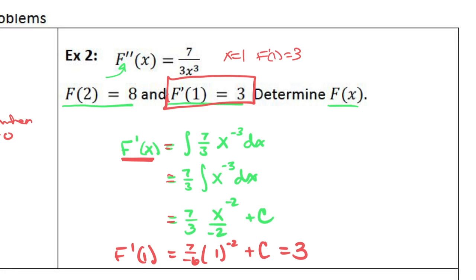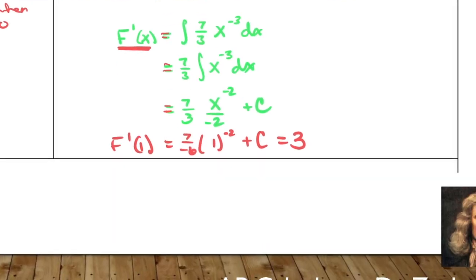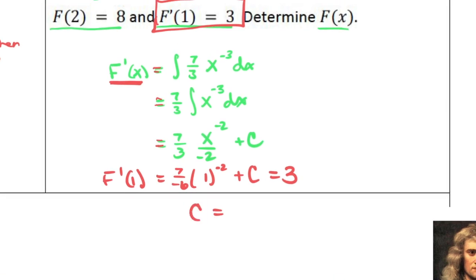And with that in mind, we know that c equals 3 plus 7 over 6, or 25 over 6.